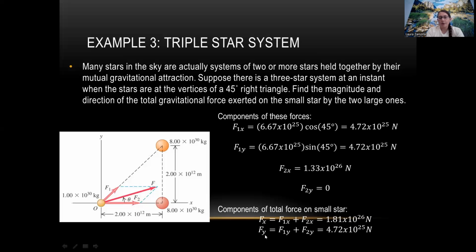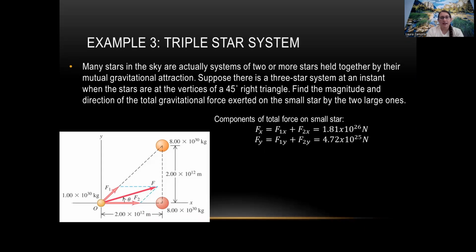And then our y component is the y component of our first force plus the y component of our second force. So 4.72 times 10 to the 25 plus 0 is 4.72 times 10 to the 25 newtons. Okay, so now we have the components of our total gravitational force, but we don't yet have the magnitude and direction. We need one more step in each case to get us there.